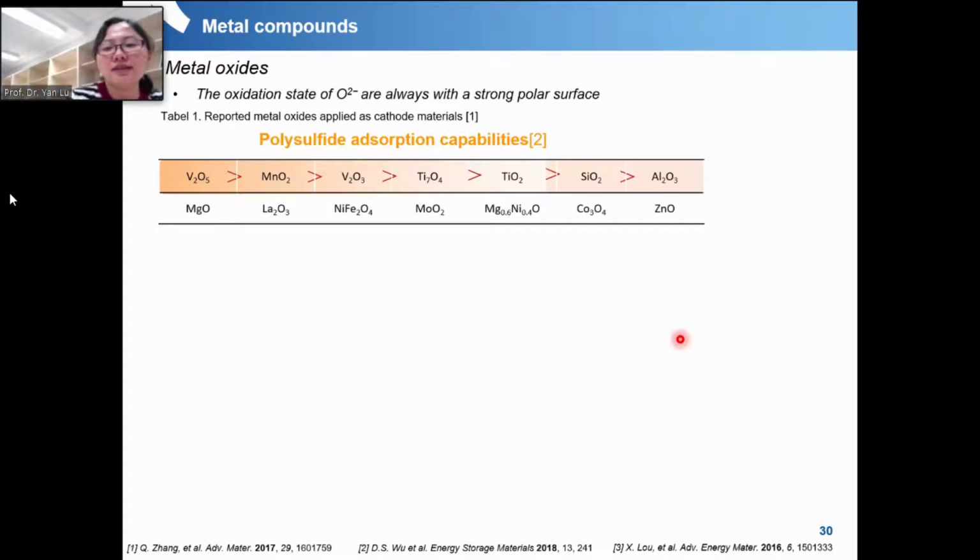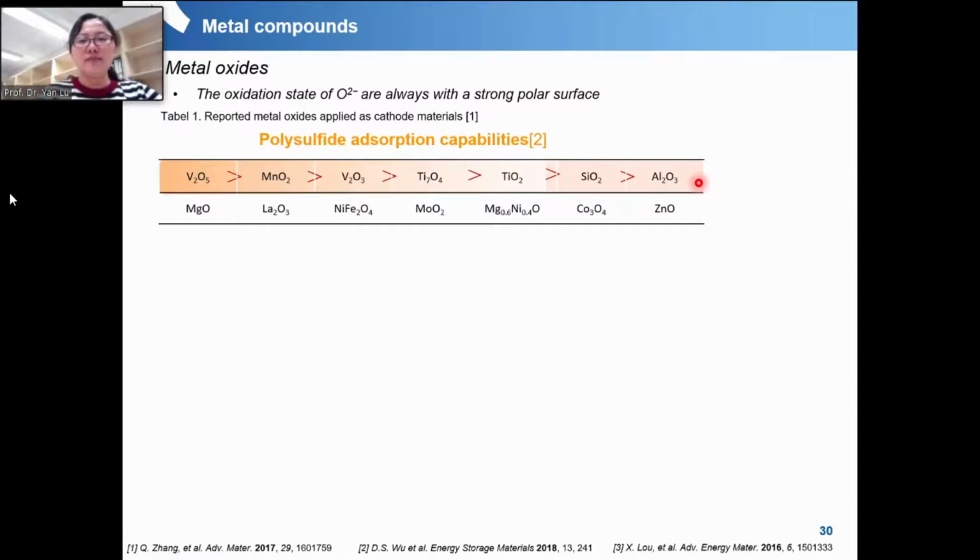Researchers have already studied the different absorption abilities of metal oxide materials to polysulfides, and you can see here that vanadium oxide shows the best absorption ability compared to titanium dioxide, and also better than aluminum oxide.